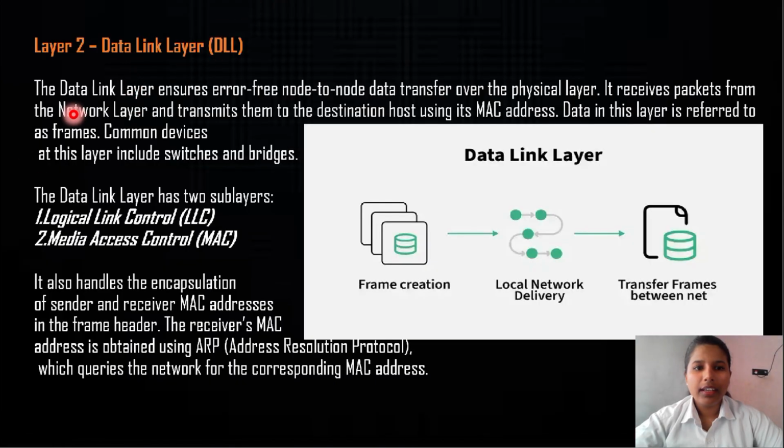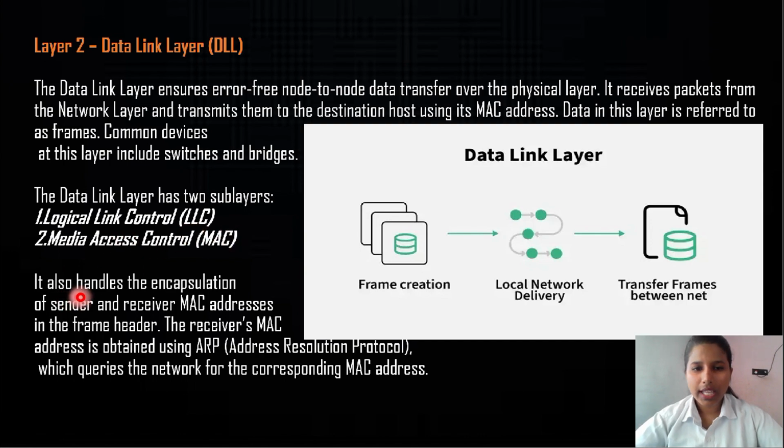Data link layer. The data link layer provides error-free node to node transfer over the physical layer. It receives packets from the network layer and transmits them to the destination host using the MAC address. Data in this layer is referred to as a frame. Common devices at this layer include switches and bridges. The data link layer has two sublayers, which are the logical link control and the media access control.